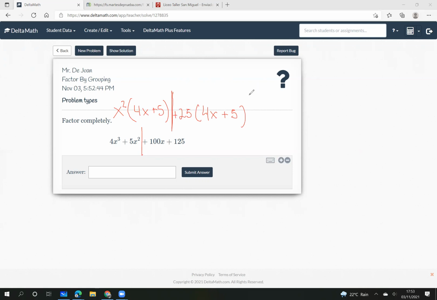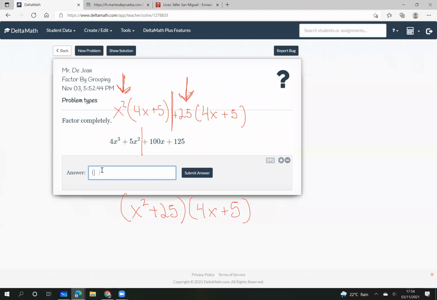Así que yo sé que 25 multiplicado con 4 es 100 y 25 multiplicado con 5 es 125. Ahora, los greatest common factors se van a juntar para tener x cuadrado más 25 y 4x más 5. ¿Sí?